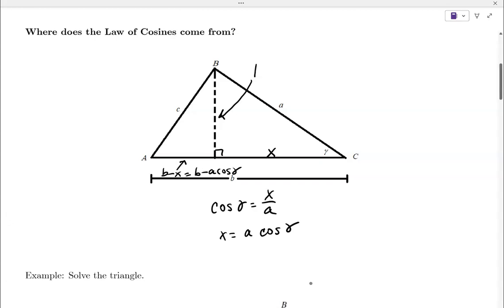If I call this h rather than x, and again, looking at that right triangle on the right-hand side, what trig function can you use to relate h, gamma, and a? Sine. You'd have sine of gamma is equal to h over a, or h is a sine of gamma, right?